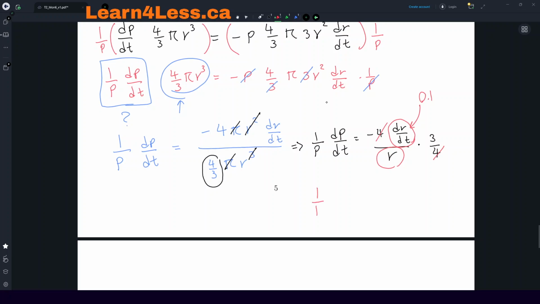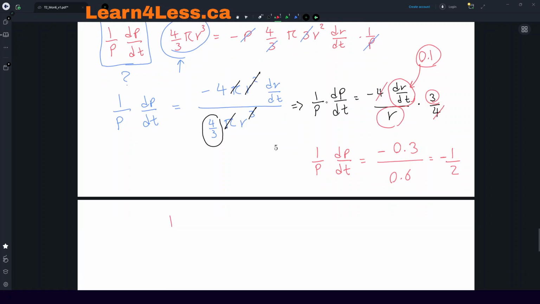It would be 1 over p dp over dt is equal to, we got negative, there's a 3, there is a 0.1, this makes it 0.3 over r, and they said r is 0.6. If you simplify that, you get negative 1/2.